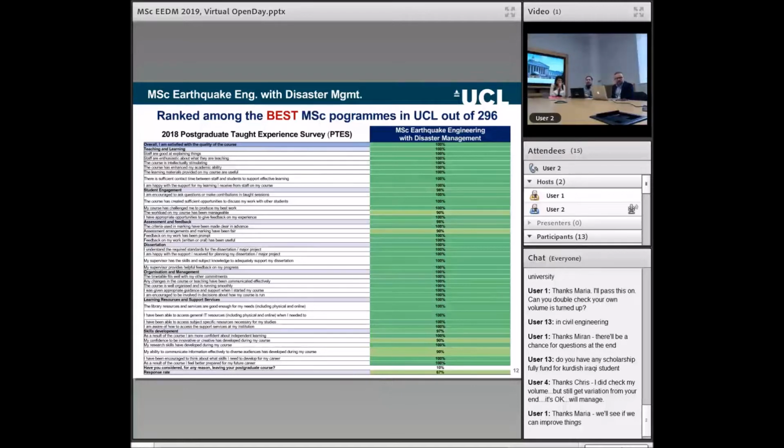And for the last 3 years, we have been ranked as one of the top MSc programs that UCL offers. We have been assessed in terms of satisfaction of our students, as well as the quality of delivery in terms of teaching and learning, student engagement, assessment and feedback, dissertation, organization and the management of the program itself, learning resources and support services, as well as the skill development that we discussed.